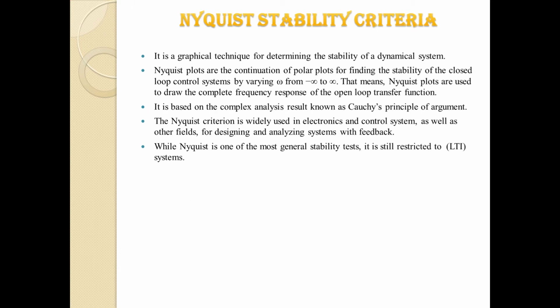So, in 1932, the frequency domain stability criterion was developed by Nyquist, and it remains a fundamental approach to the investigation of stability of linear control systems. It is a graphical technique for determining the stability of a dynamic system.